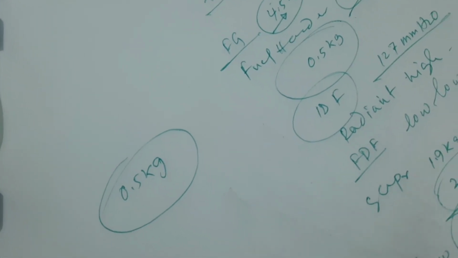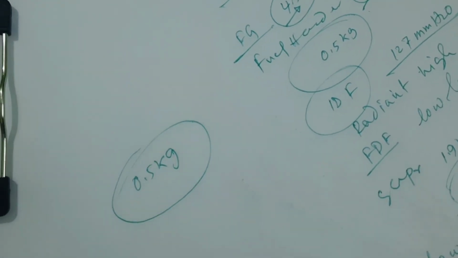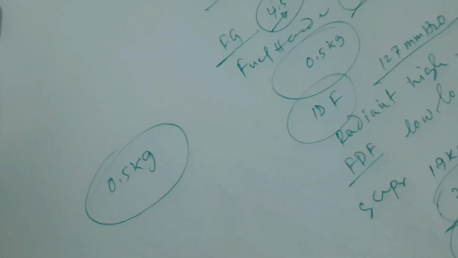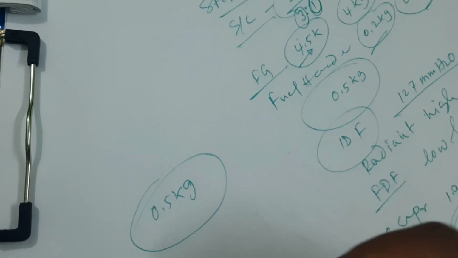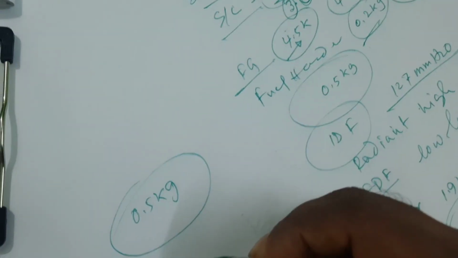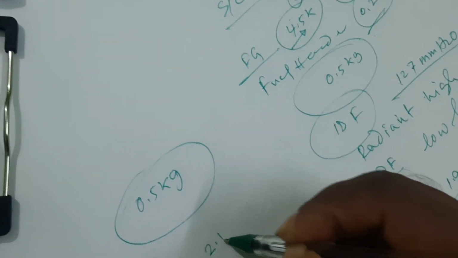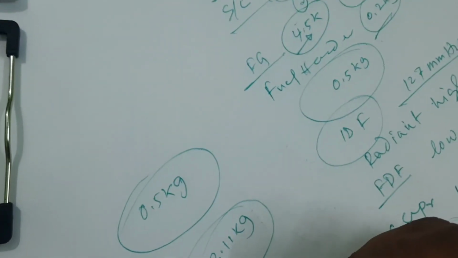So now I am telling you auxiliary boiler trip causes. Why is it possible to trip the auxiliary boiler? The auxiliary boiler main burner is possible to trip if auxiliary boiler main burner pressure is high. That means if auxiliary boiler main burner pressure is 2.1 kg, the auxiliary boiler will trip.